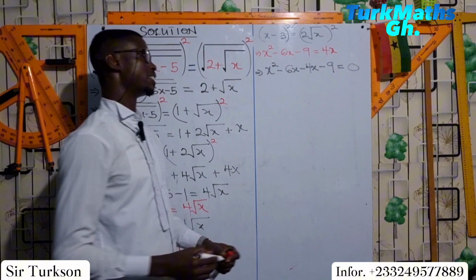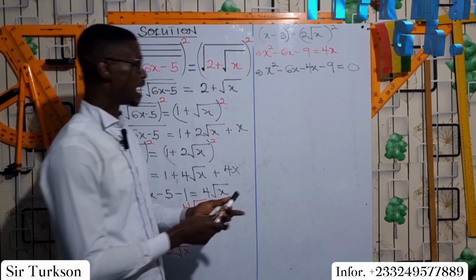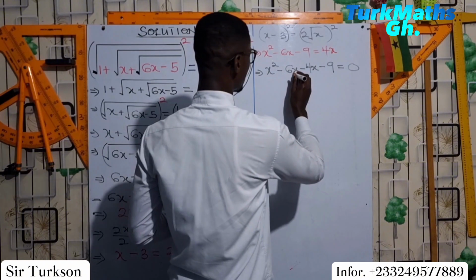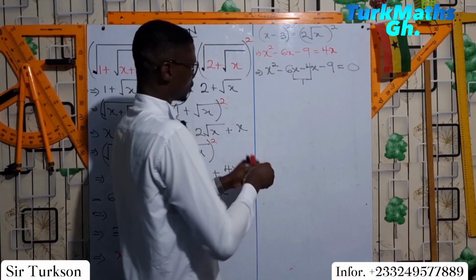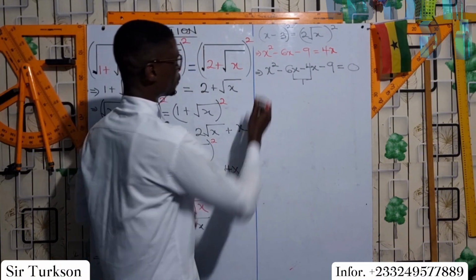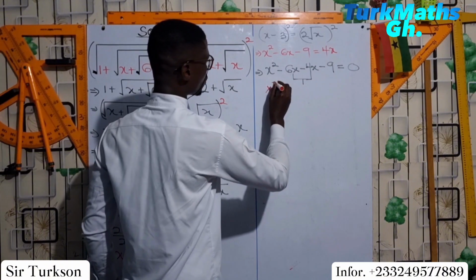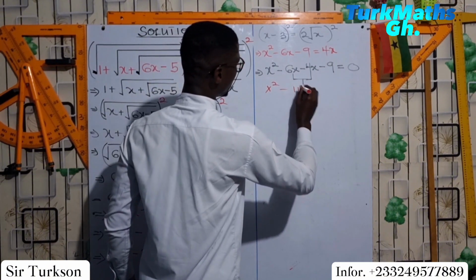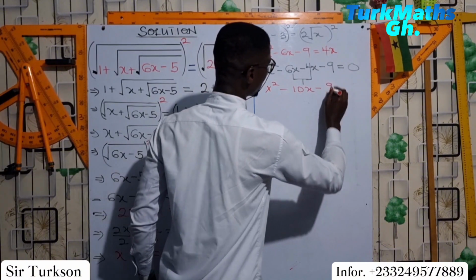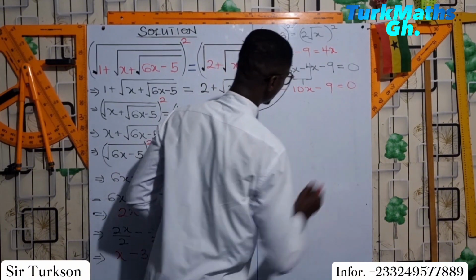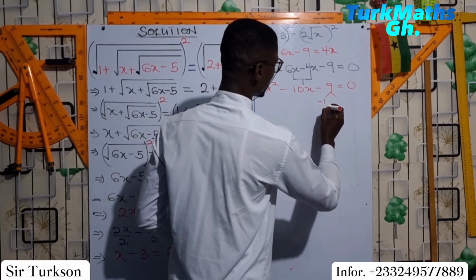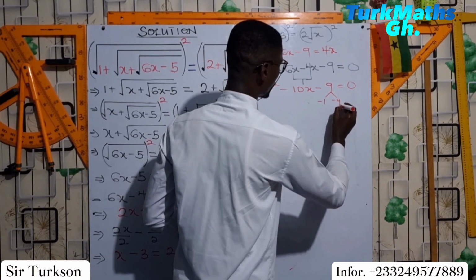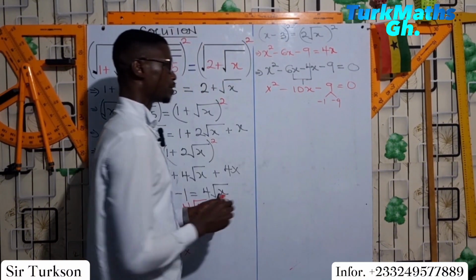Very good. To solve this, these two will come together to give us x squared minus 10x plus 9 equals to 0. So when I break this one down, minus 1 minus 9 will give us minus 10.